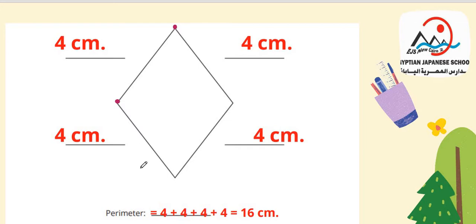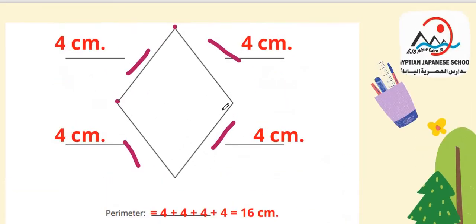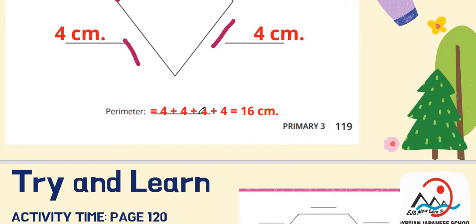I use the PDF version. You use the workbook. Please make your measurement. Here I found 4 centimeters, and a rhombus has 4 equal sides, so 4 centimeters, 4 centimeters, 4 centimeters, and 4 centimeters. To get the perimeter, add all of them together: 4 plus 4 plus 4 plus 4 equals 16 centimeters.